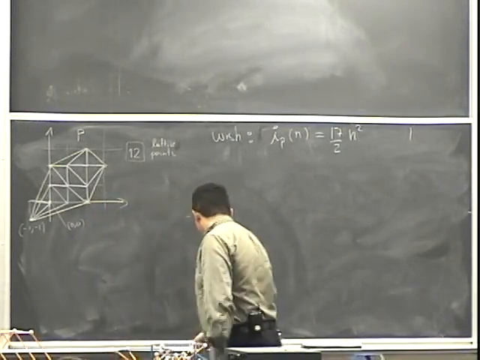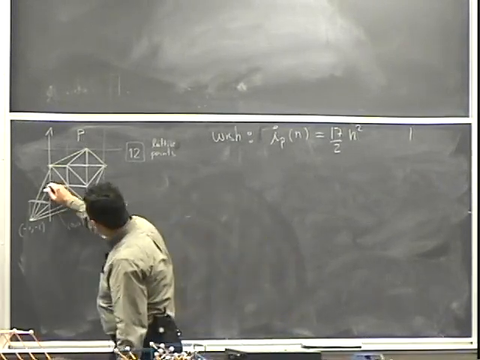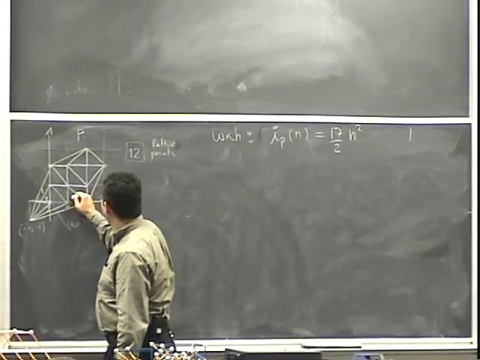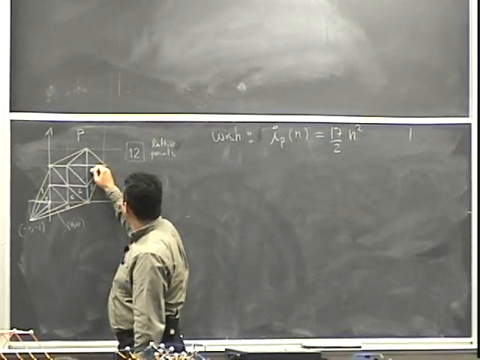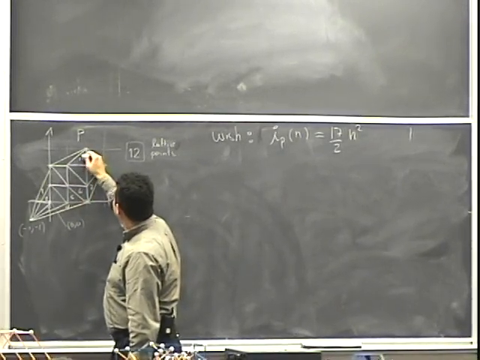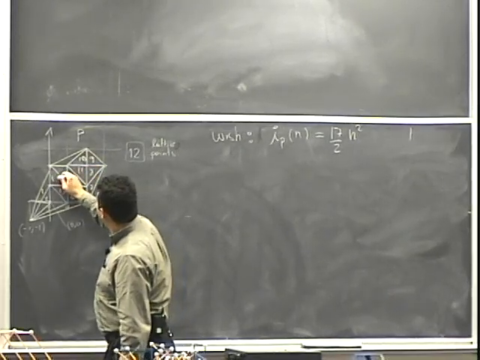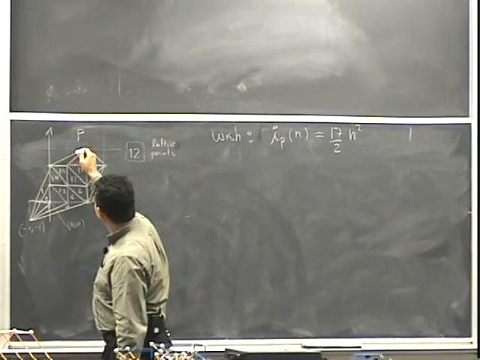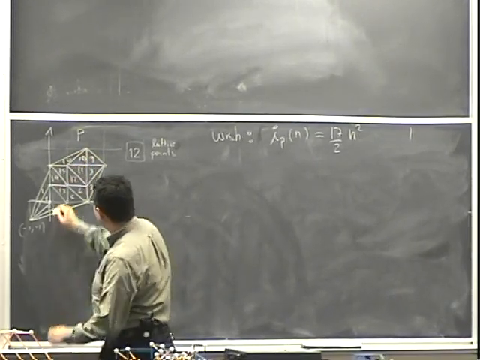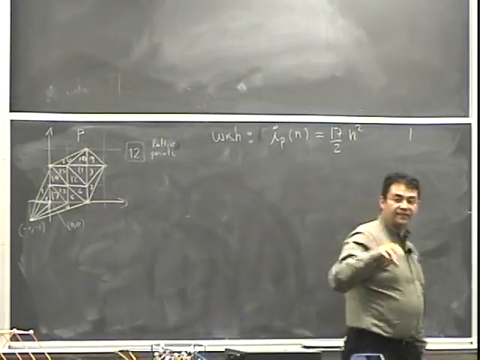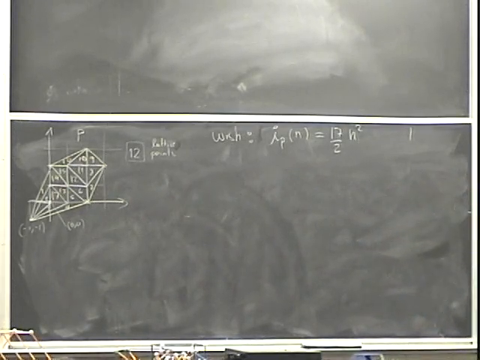Okay, you want me to count? 1, 2, 3, 4, 5, 6, 7, 8, 10, 11, 12, 13, 14, 15, 16, and 17. And each one of these triangles has area 1/2. So that's why you have this coefficient there.